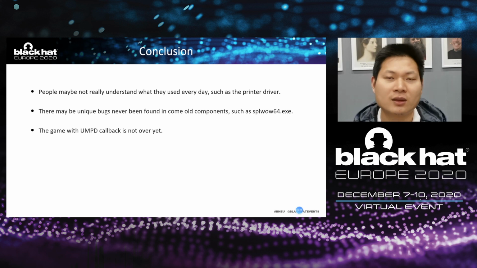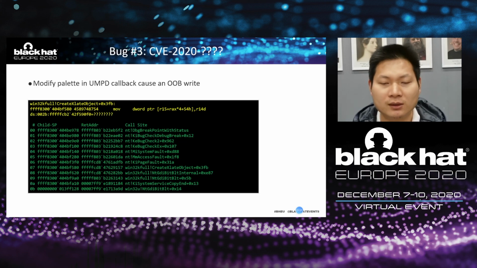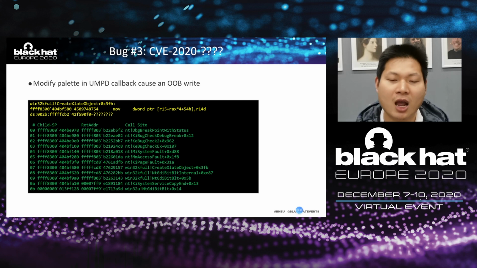At last, I believe the game with UMPD callback is not over yet. For example, this call stack shows an out-of-bound memory write in the kernel after we have modified a padded object in our redefined UMPD driver function.